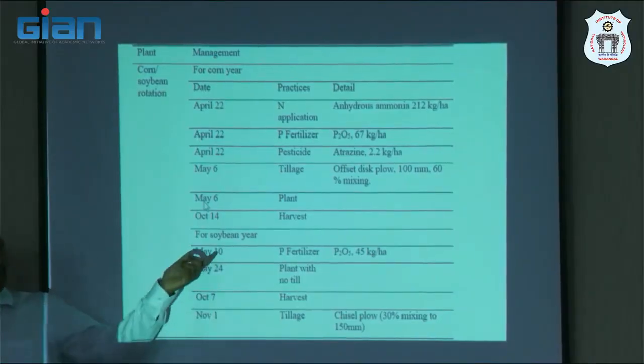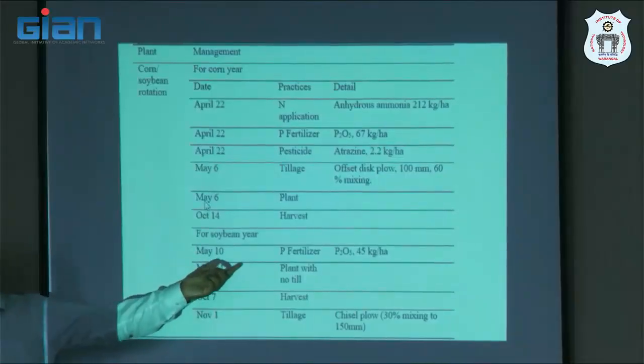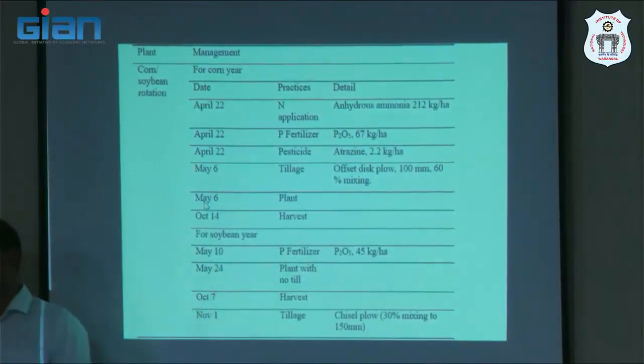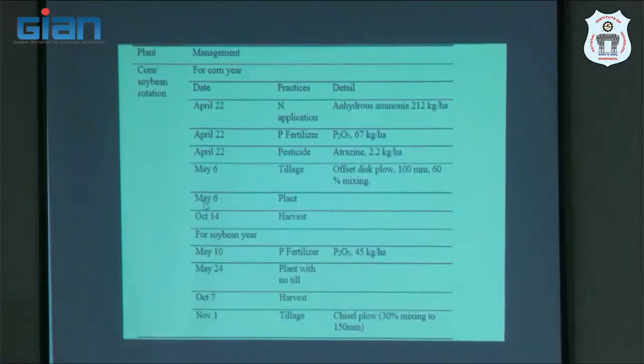In the consecutive year, on May 10th, you will have a phosphorus fertilizer, P2O5, applied at 45 kg per hectare. And on May 24th, soybean is planted without any tilling. Usually the corn stalks are left on the field.